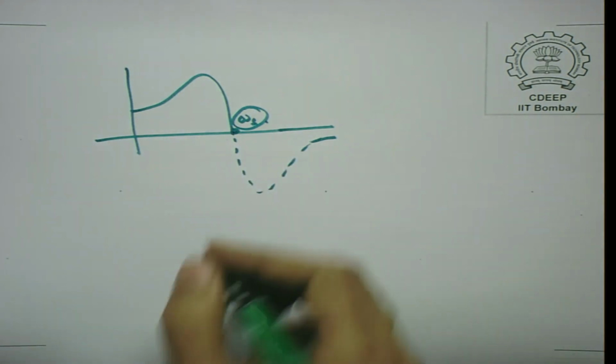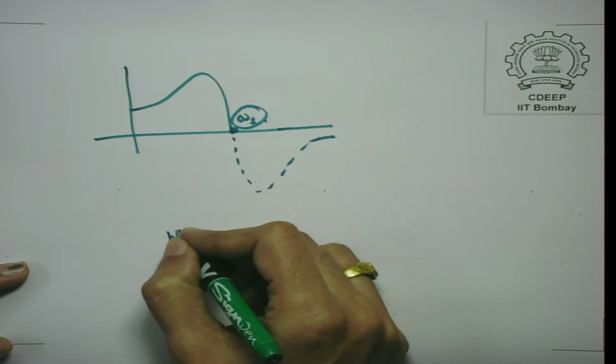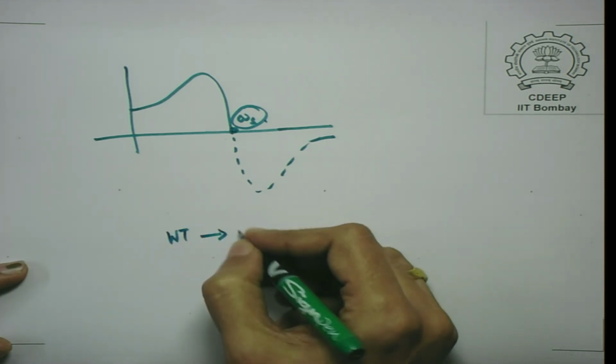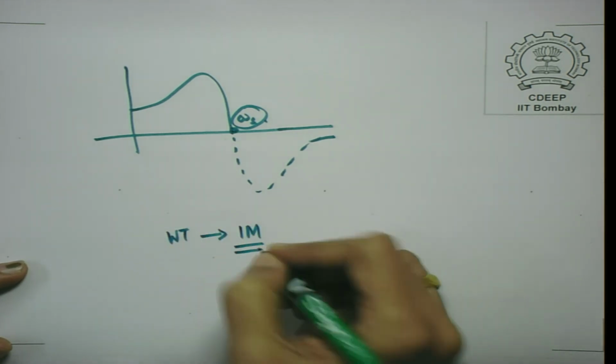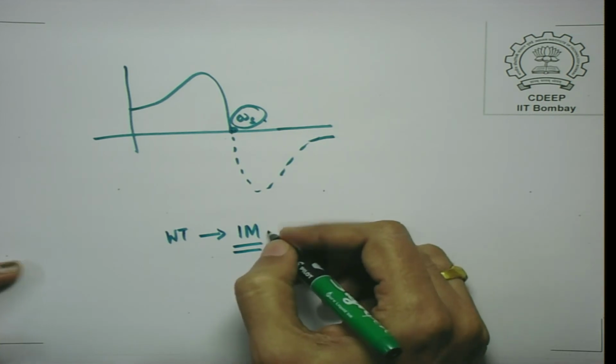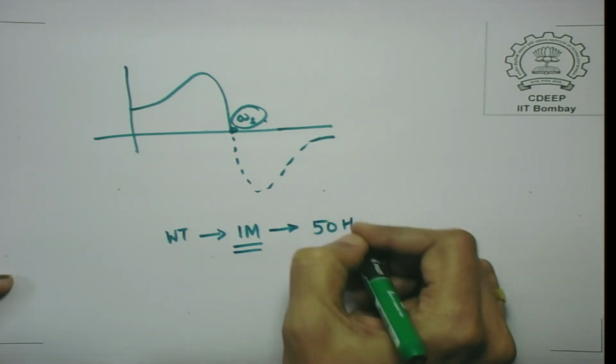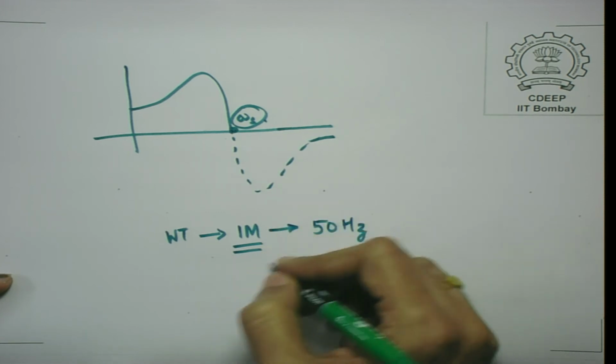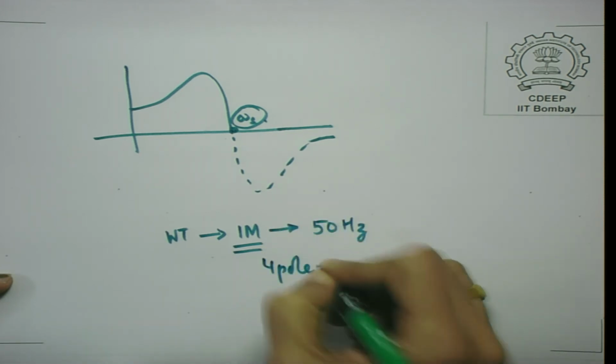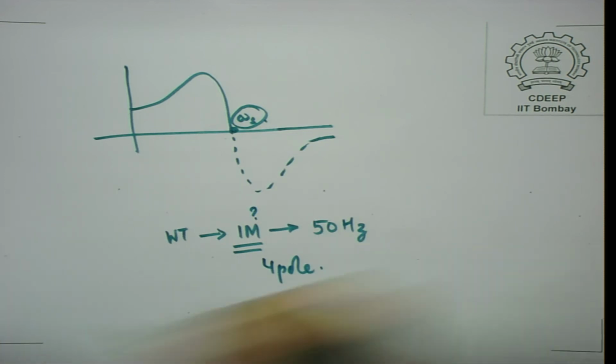So, if I have a wind turbine connected to an induction machine, I will use the word machine because the machine can be operated as a motor or a generator, and this is connected to say a 50 hertz grid. Let us say this is again a 4-pole machine.